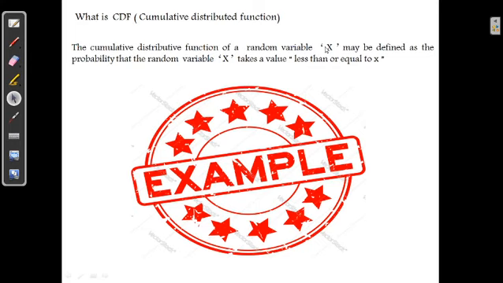If you throw a dice, what does the CDF give? You check how many are less than 5, or how many fell less than 2. Similarly for height, how many are less than 165 centimeters, how many less than 158. That is what we are checking in the case of the cumulative distribution function. So the definition is that it is a function of a random variable x defined as the probability that the random variable x takes a value less than or equal to x. It is always less than or equal to x.